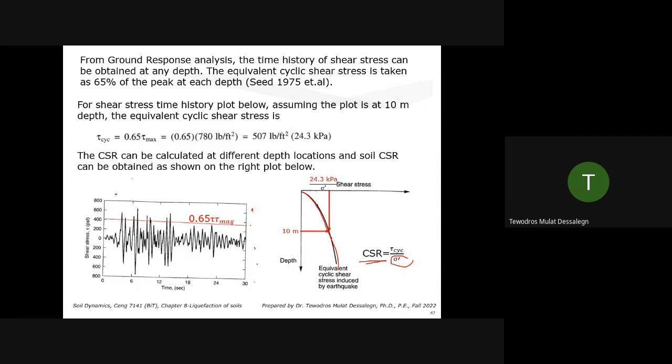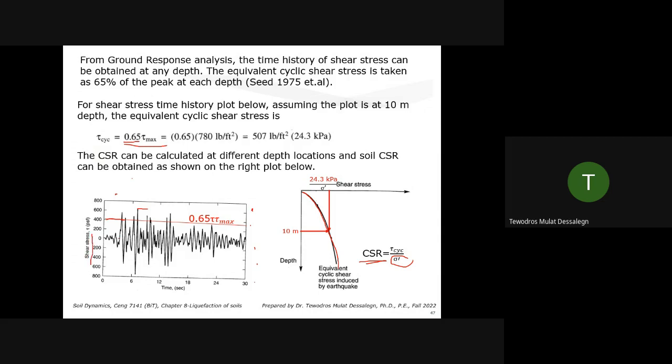In CSR, because the motion is so high frequency in some cases with peaks, usually the recommended value to consider is 65% of the max stress. If this is the max stress, we usually consider 65% at all depths. Now, this is a shear stress we are recording.